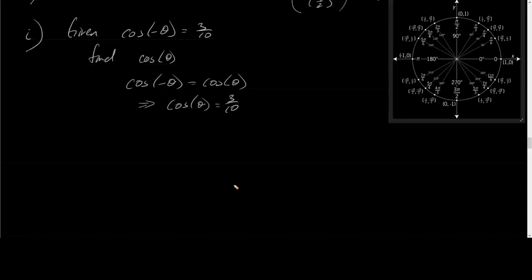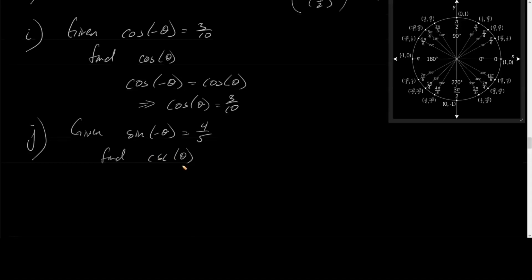Similarly, given that sine of negative theta is equal to 4/5, if I said find cosecant of theta. Well, what are we going to do here? Cosecant of theta is just 1 over sine theta.